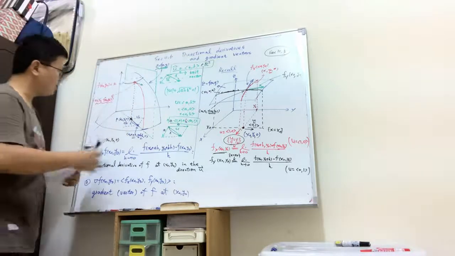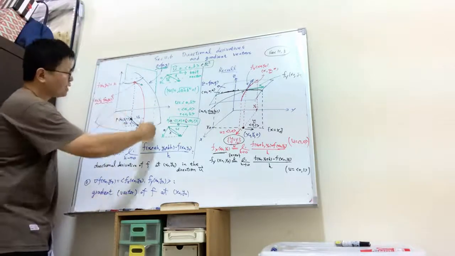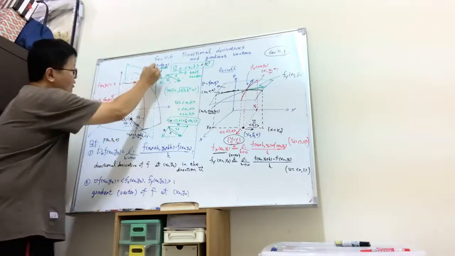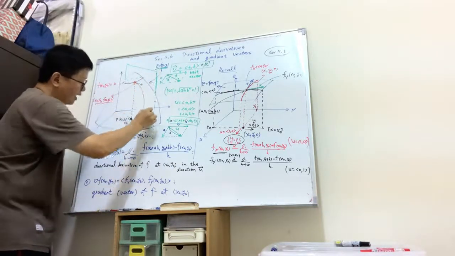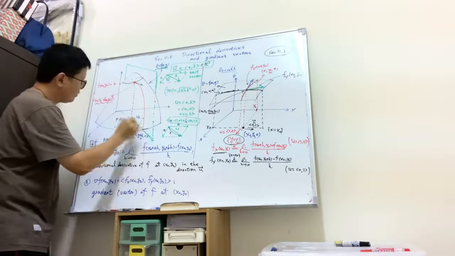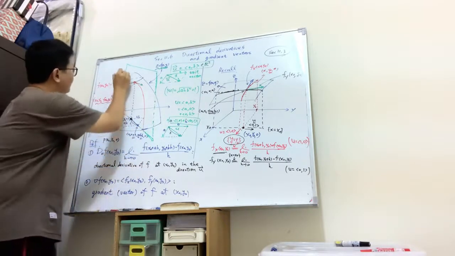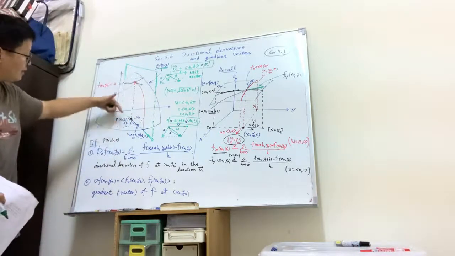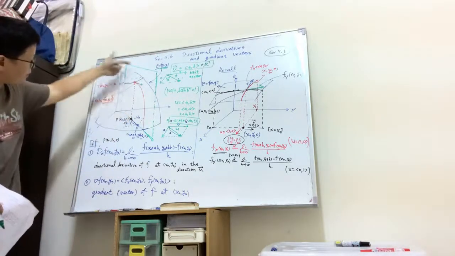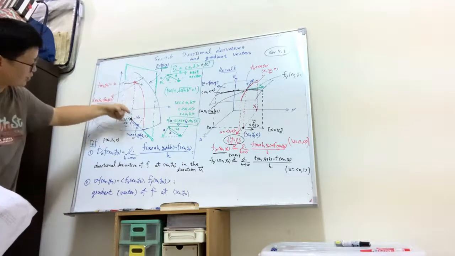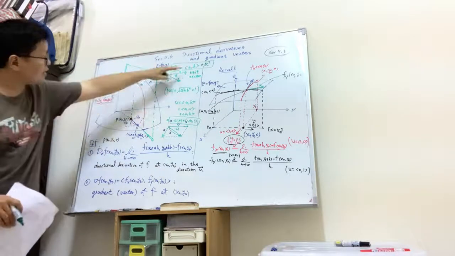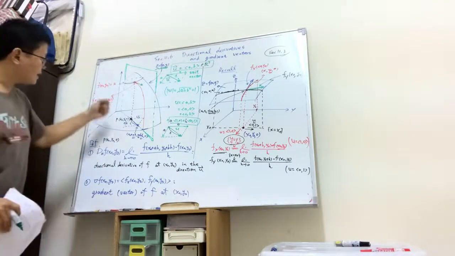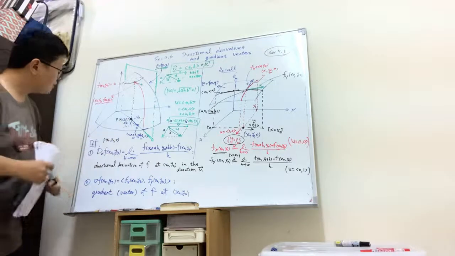In this direction we could design a plane, and I just draw it in green color here. Each point of the plane comes from this direction, and the direction is this one, (a, b).